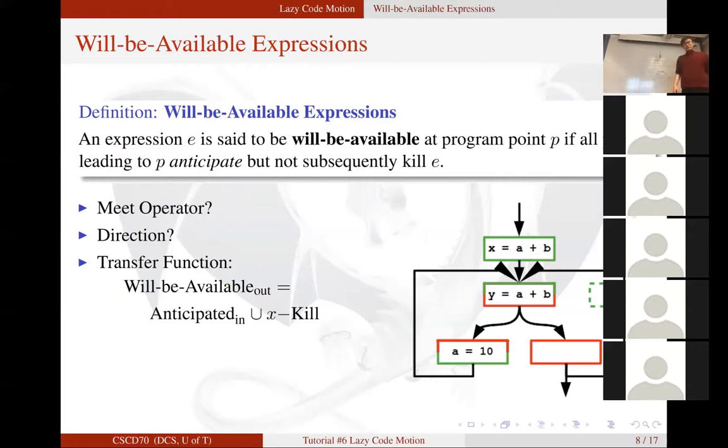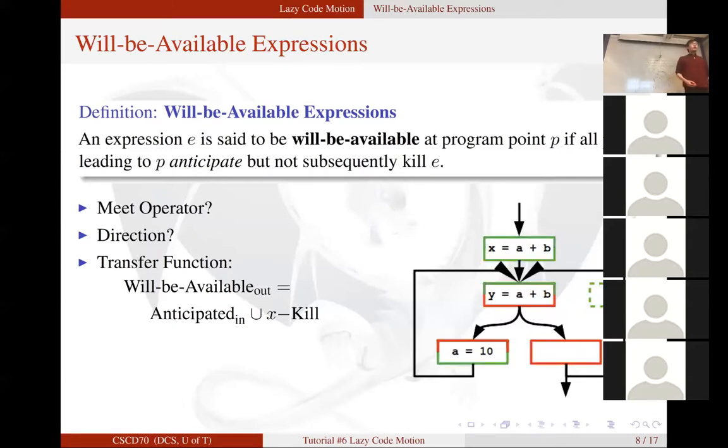Now let us consider the will-be-available expressions, where we use the yellow region to mark the places where a plus b will be available, but use the purple region to mark the places where it's not. As we have described previously, the transfer function of will be available is given by anticipated minus kill.